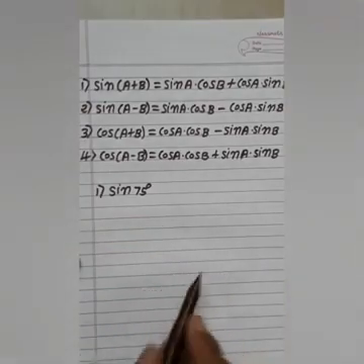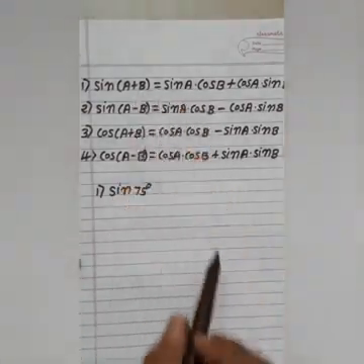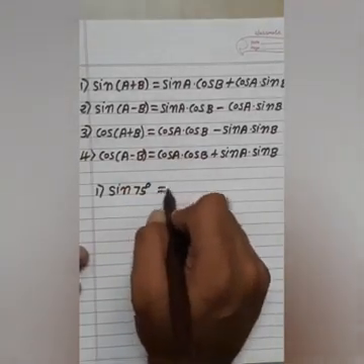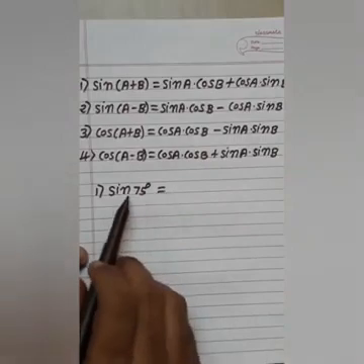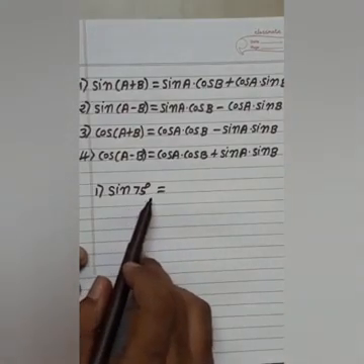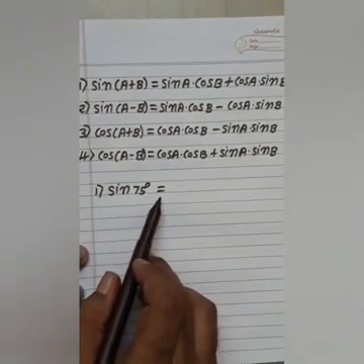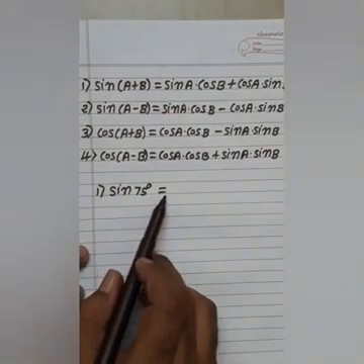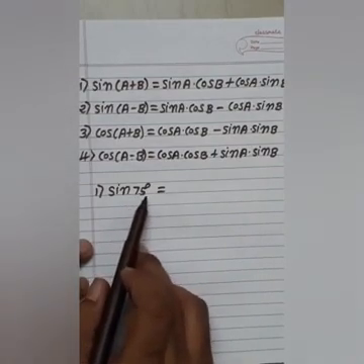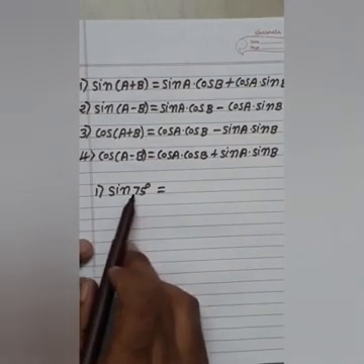So how can we find it using these formulas? Let us discuss. First of all, in the trigonometry table, the values of 0 degree, 30 degree, 45 degree, 60 degree and 90 degree are present. So 75 is converted into two parts.